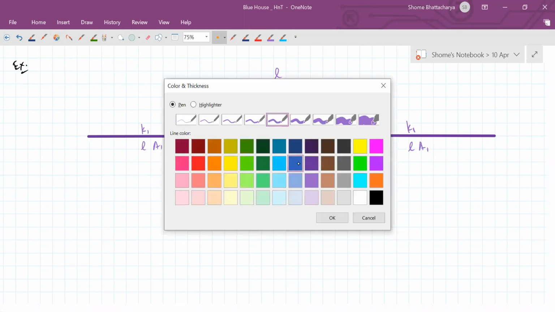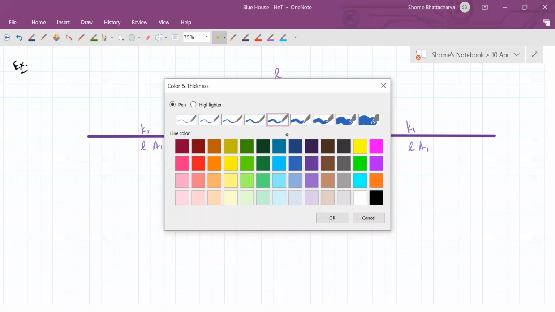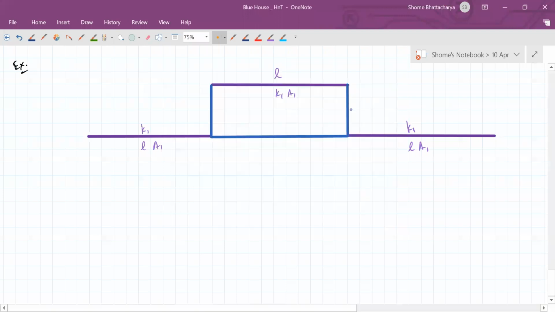Now we have another material and we have three other rods made of that material. So this material has conductivity K2, area of cross section A2, and this part has length L by 2.